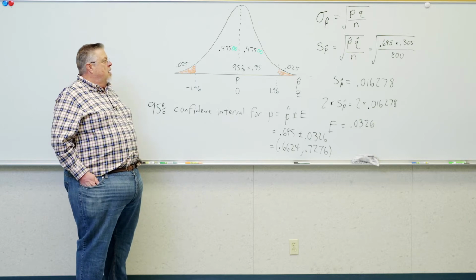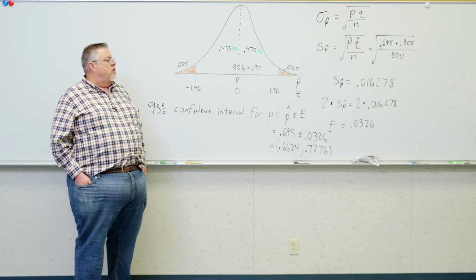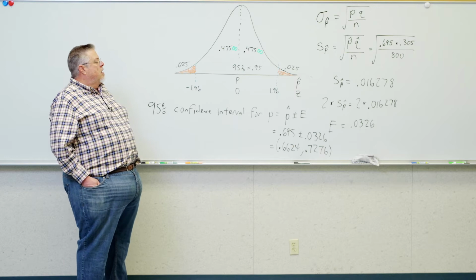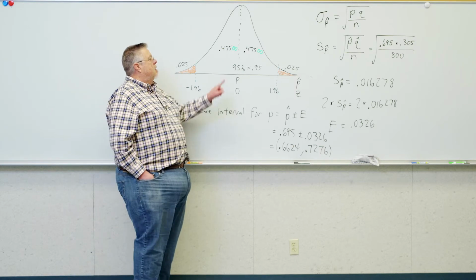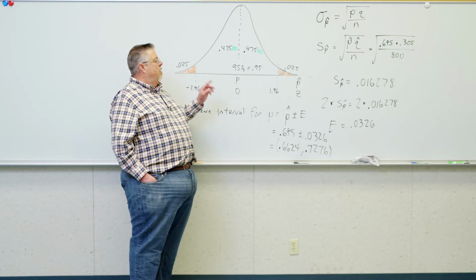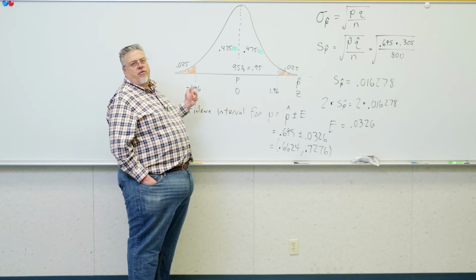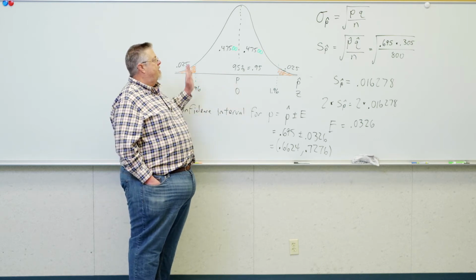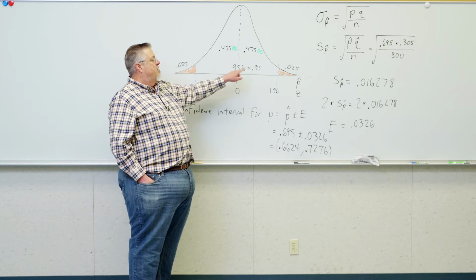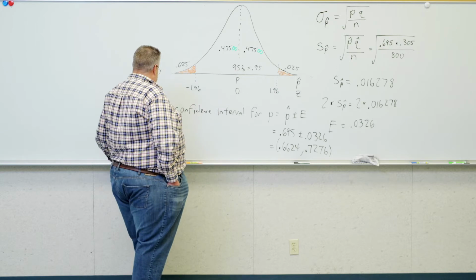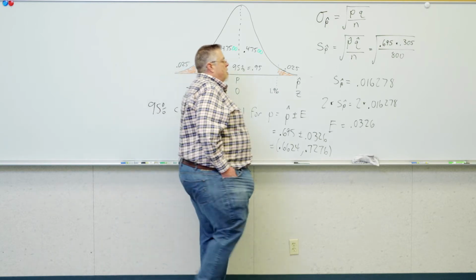Okay. So to get this critical z-score here, again, I could use the z-table backwards to get negative 1.96 by symmetry on the other side. That makes this area 0.475. That makes this total area here 0.95.